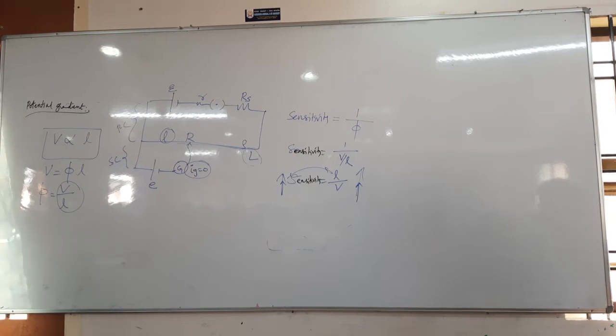Directly proportional to balancing length of the wire. Write that potential gradient, you copy along with the diagram.